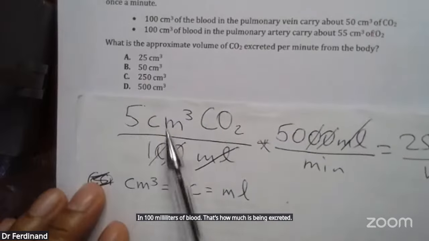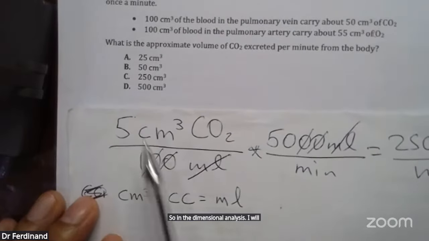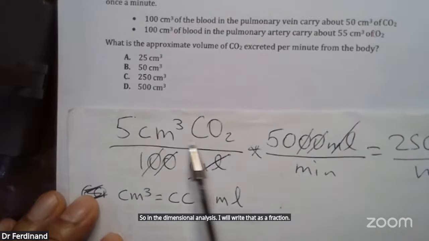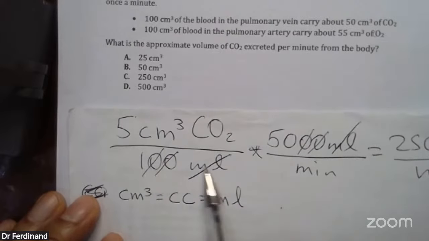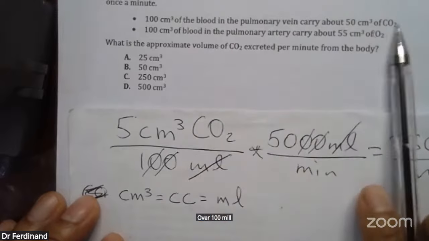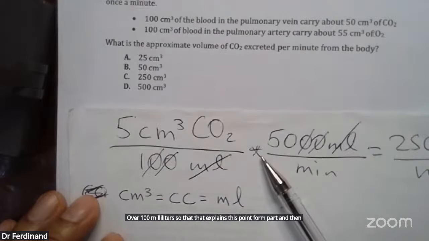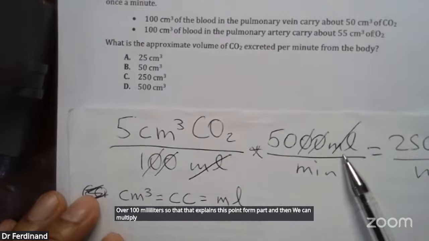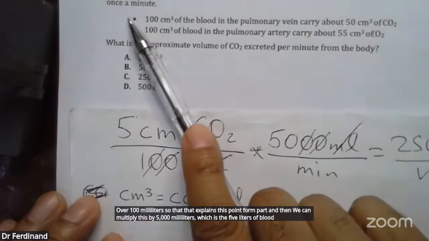So in the dimensional analysis, I will write that as a fraction. We have 5 centimeters cubed of carbon dioxide over 100 milliliters. So that explains this point form part. And then we can multiply this by 5,000 milliliters, which is the 5 liters of blood which circulates in about once a minute.